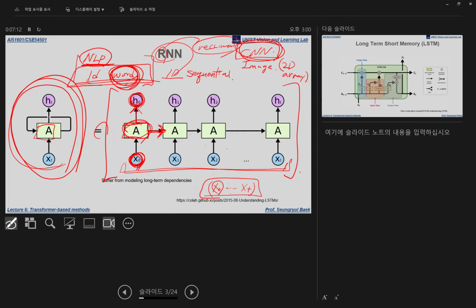They extract some features for the first input, and then transfer that contextual information to the neural network which will process the next input. And when outputting this H1, which is the output for the second element of the sequential data, we also consider the sum of the context transmitted from the previous process.